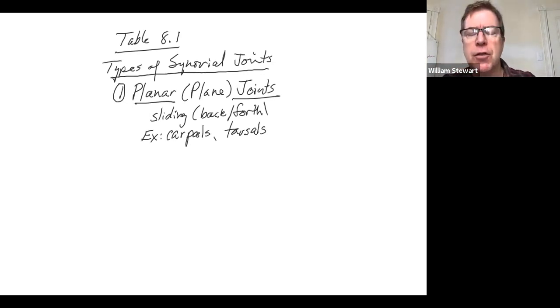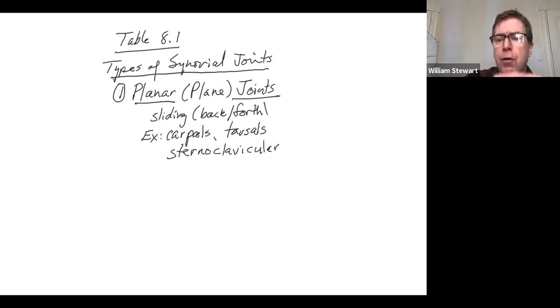Also the sternoclavicular joint, where the clavicle, the collarbone, meets the sternum at the manubrium. So I'm going to write sternoclavicular joint. The acromioclavicular, which is at the distal end of that clavicle, the collarbone out at the shoulder.